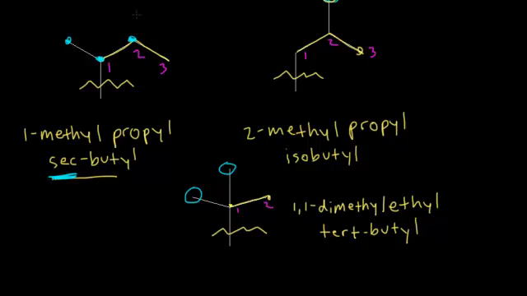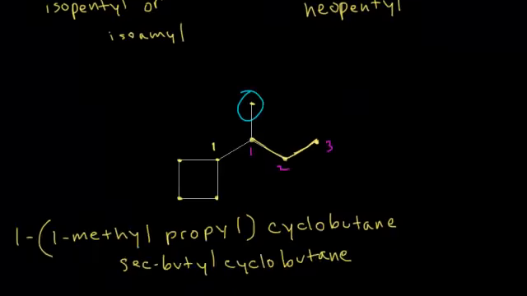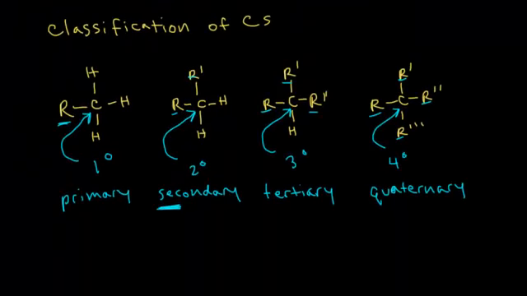So it's ignoring the fact that this carbon is actually attached to a ring. It's saying this carbon on my complex substituent is bonded to 2 other carbons, so it is secondary on that complex substituent. What about tertiary? A carbon bonded to 3 other carbons is said to be tertiary.